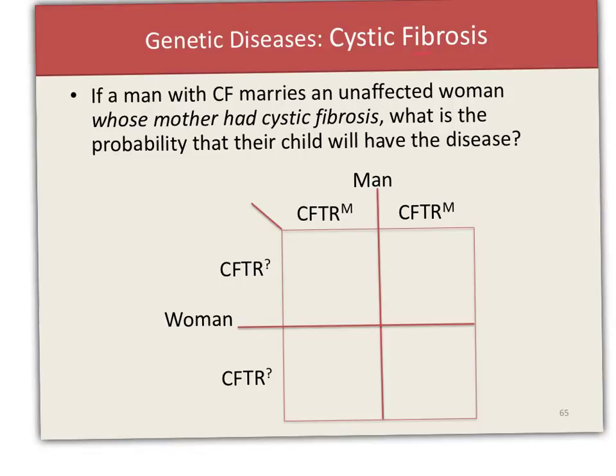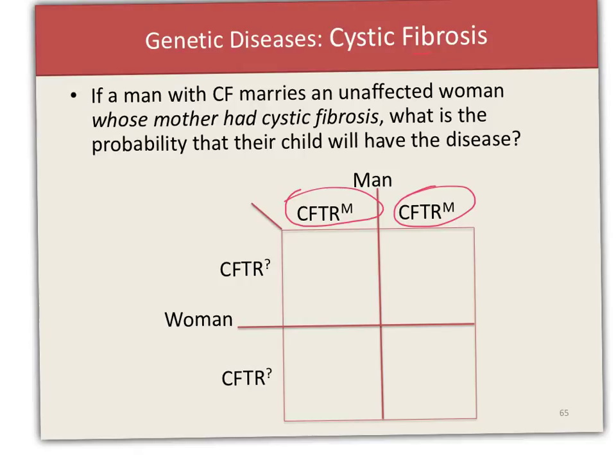If a man with CF marries an unaffected woman whose mother had cystic fibrosis, what is the probability that the child will have the disease? So here's the man. He has it. You need 2 alleles of the mutant to have it. So he's in bad shape.